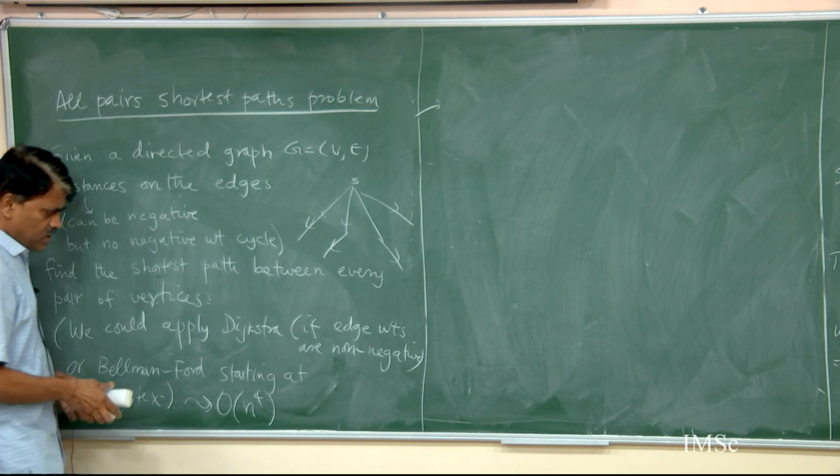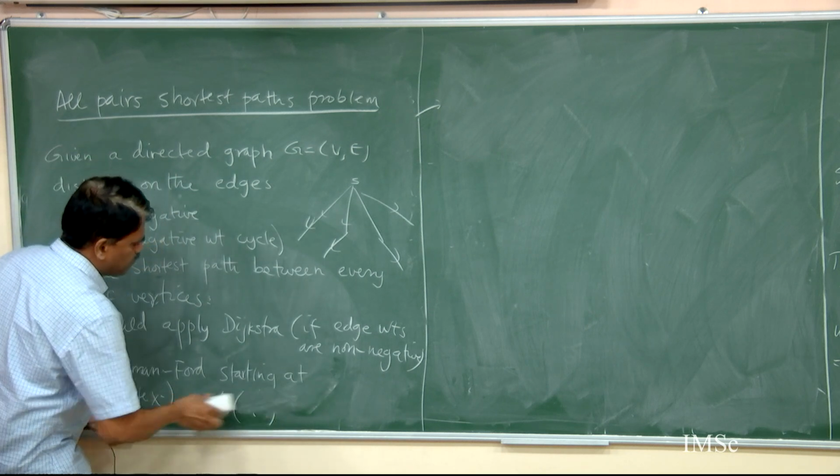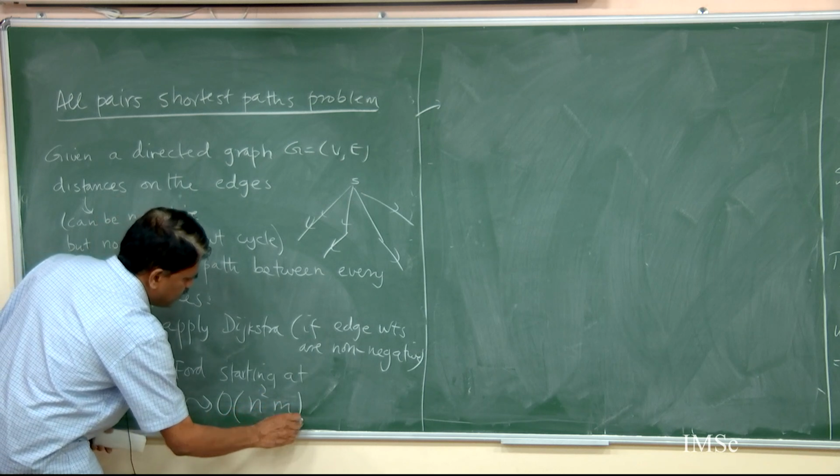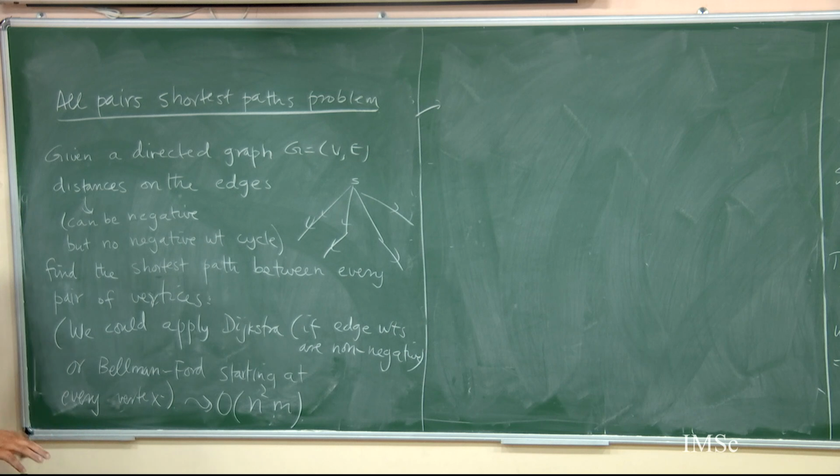No, sorry, it's n squared m. Bellman-Ford is nm, and you are applying it n times, so that's like n squared m. Dijkstra's will be slightly faster, n times (m plus n log n).